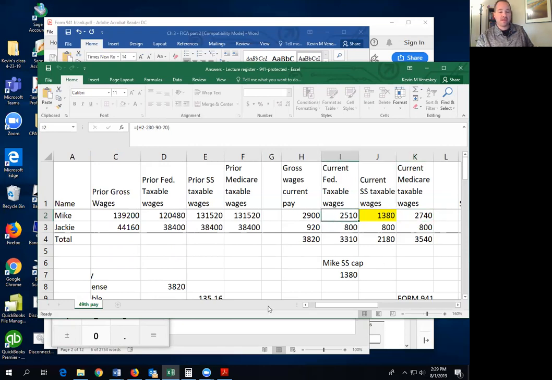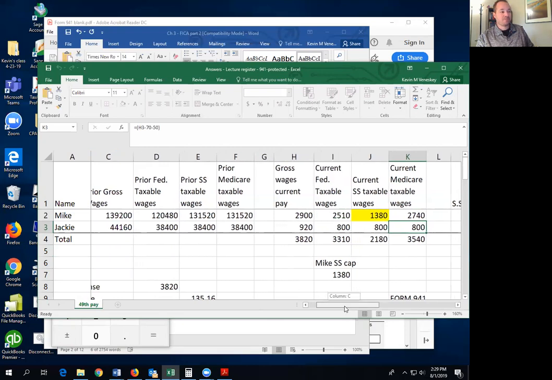And we already did the federal income taxes. For Jackie, we do the same thing, except she doesn't hit any caps, and she doesn't have any retirement packages putting money aside, so it's going to be the same all the way across. Her federal taxable income is going to be the same as her FICA taxable income.